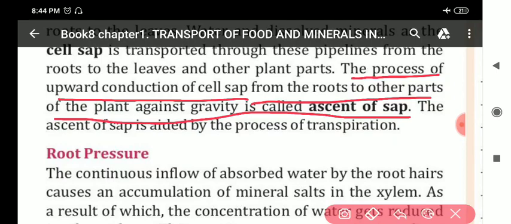And my dear students, this ascent of sap is done by the xylem. So you have to mark the definition of ascent of sap from here: the process of upward conduction of cell sap from the roots to other parts of the plant against gravity is called ascent of sap.